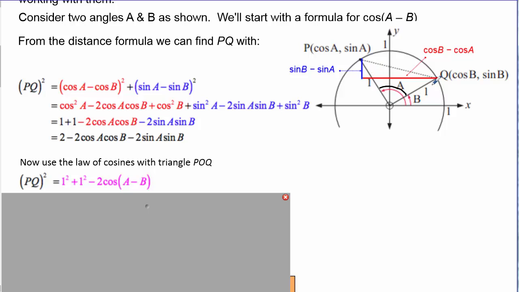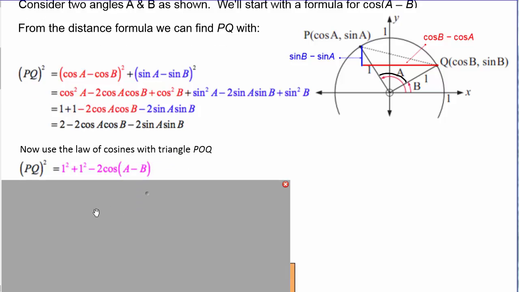A squared plus B squared, minus 2AB. Well, A and B are both 1, so we don't even put them there, times the cosine of the angle across from the unknown side. So PQ is this side, that's our C squared, if you will. And the angle across from that is this black angle, A minus B. So the cosine is of the angle A minus B.